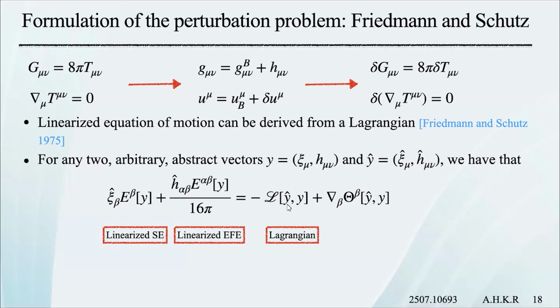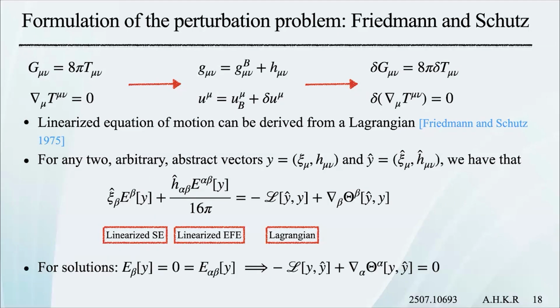The Lagrangian is a symmetric operator between Y hat and Y, and you have the left-hand side as well. For solutions to the equation of motion, you can set E_β and E_αβ to 0. The Lagrangian satisfies this relationship: Lagrangian plus a boundary term is equal to 0. So this operator equation will be essential in our approach.